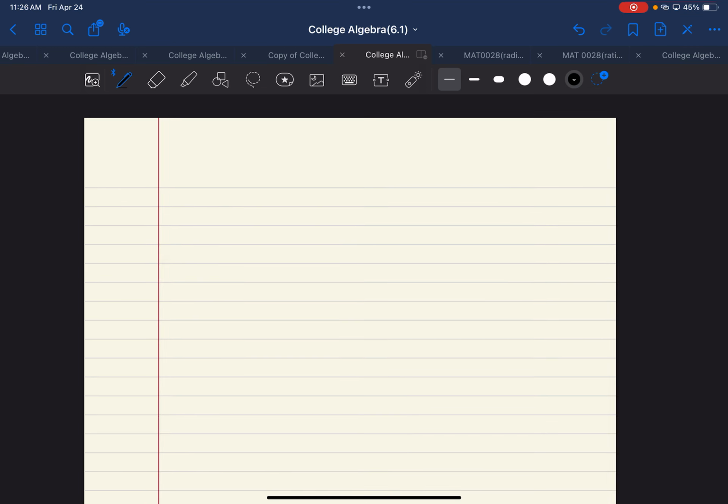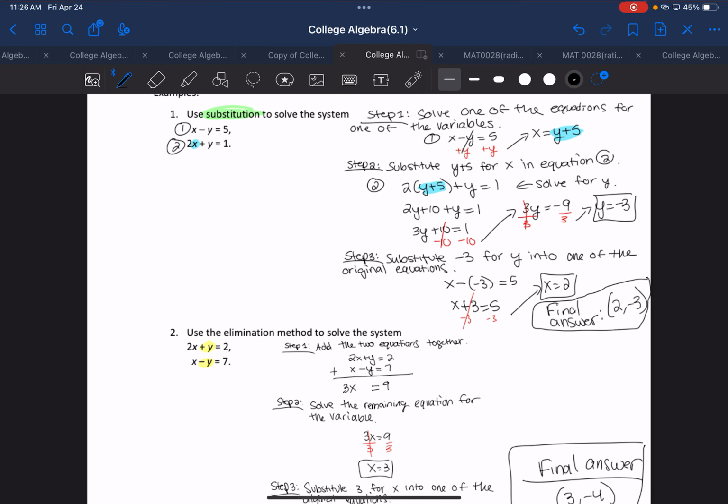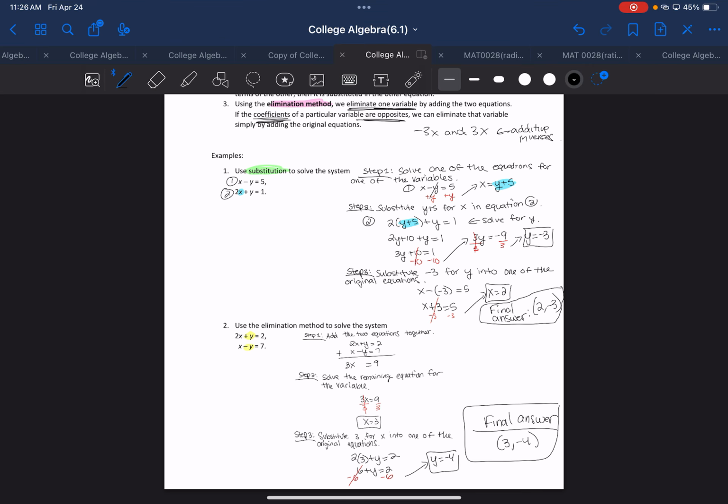Okay, so by the way, both of these problems we just did had one single answer, one single point. So they were both consistent because they had at least one solution. They were both independent, because if they only had one single solution, then that would be 2 lines just intersecting.